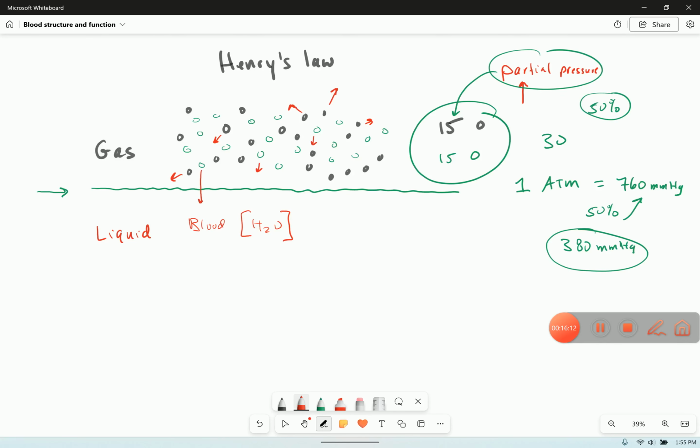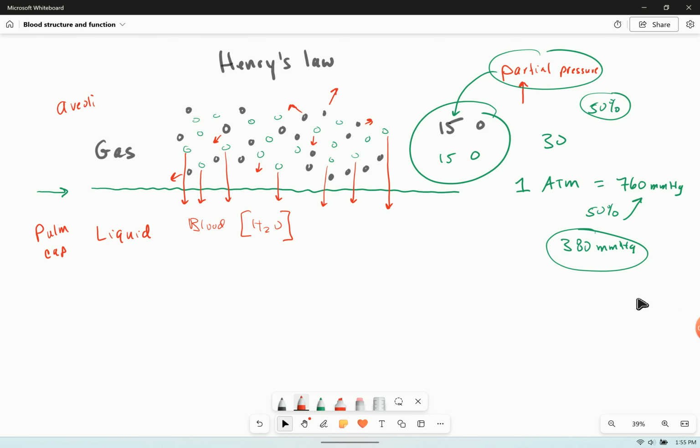And sometimes these gases will then drop down into, in this case, the pulmonary capillaries, so the alveoli, pulmonary capillaries, and so the gases will at times cross over from the alveoli into the bloodstream, or specifically the pulmonary capillaries in this case.